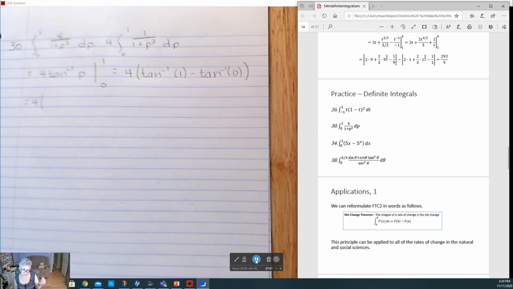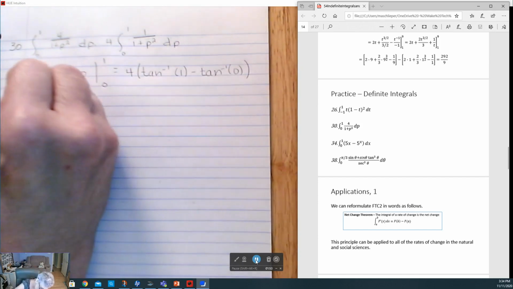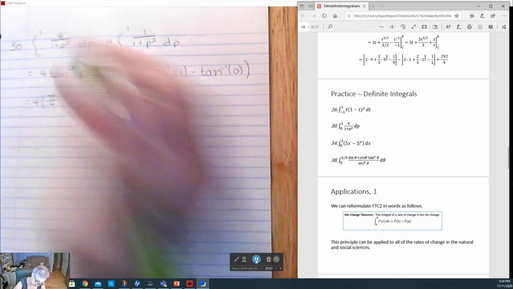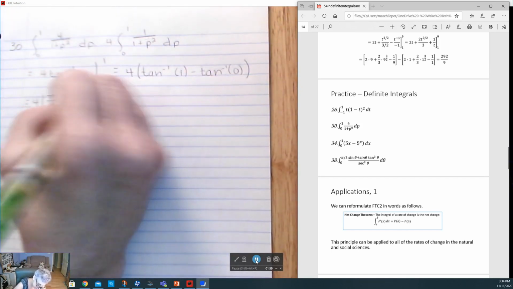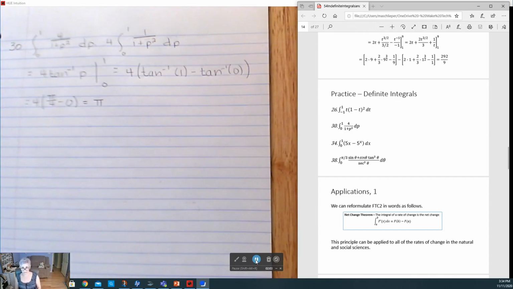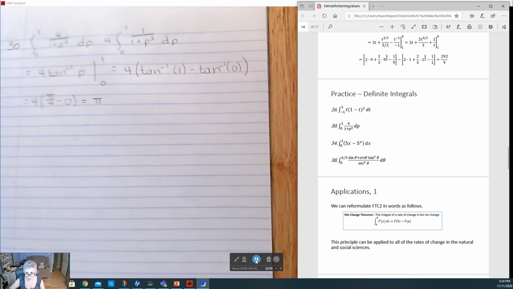Well, the thing whose tangent is equal to 1 is where cosine and sine are the same, which is at pi over 4. And inverse tangent of 0 is 0. So my answer here is pi. Easy peasy. I think I'll let you do number 34 and then we'll compare answers.